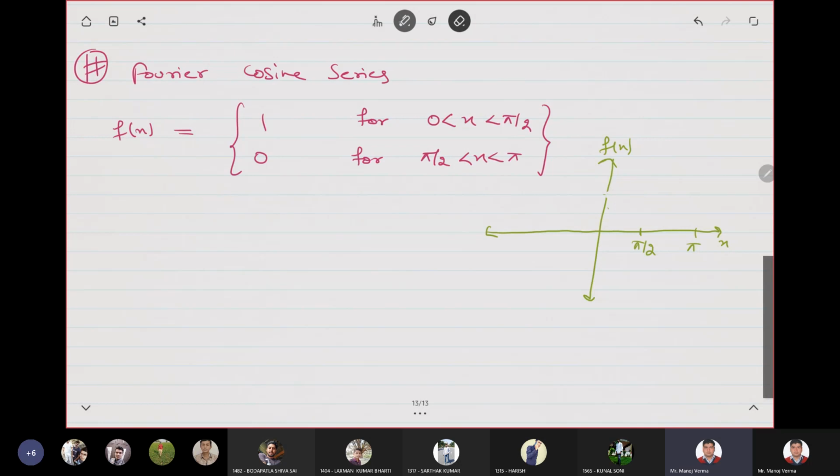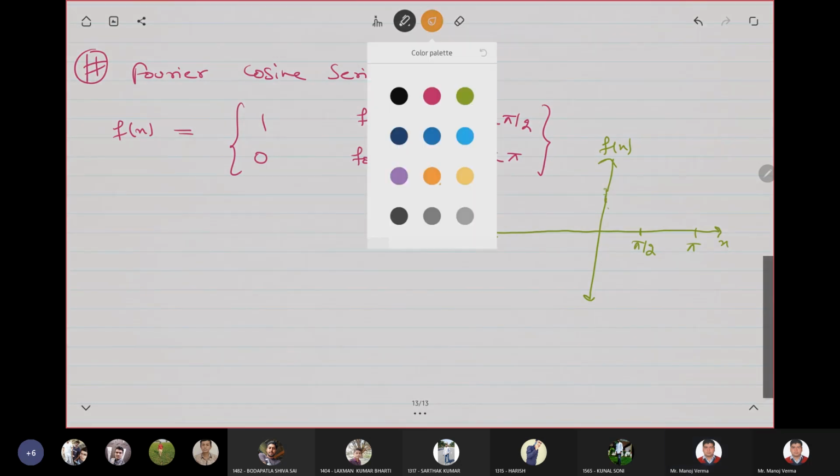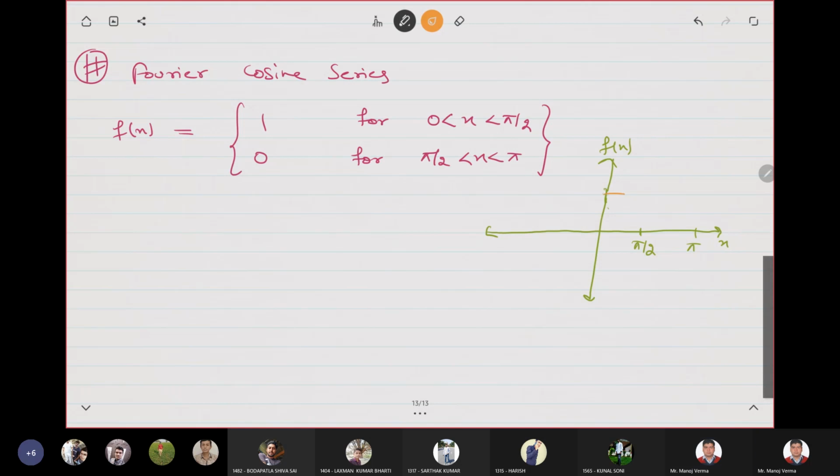From 0 to pi by 2 it is plus 1, and from pi by 2 to pi it is 0. So this function is something like this.